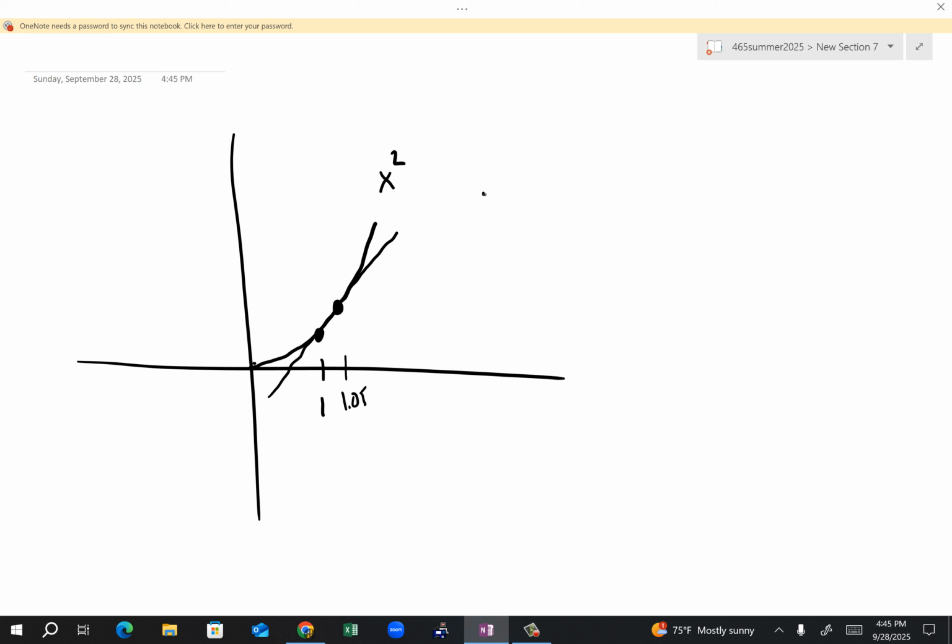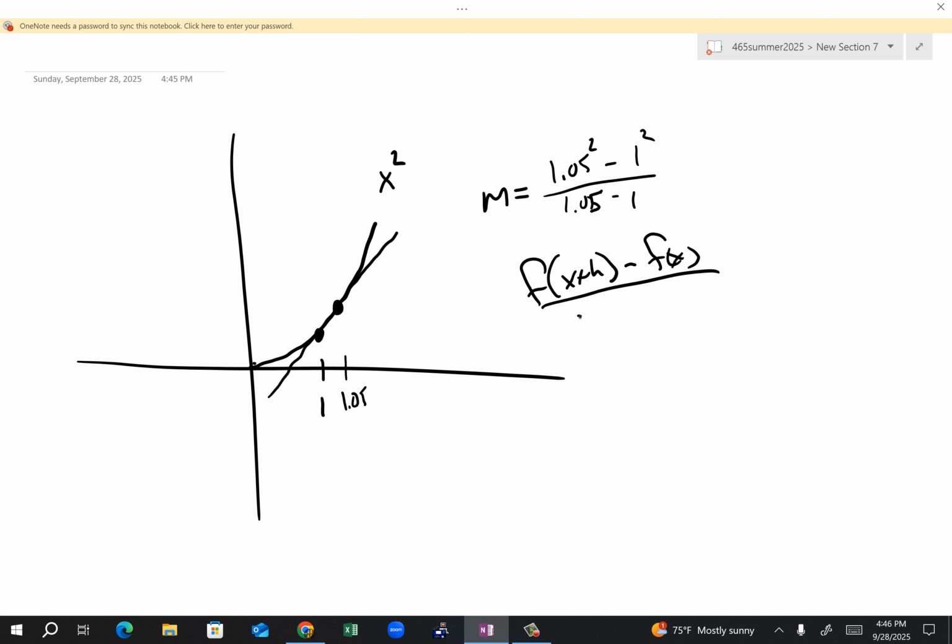But I could find the slope, which is equal to 1.05 squared minus 1 squared over 1.05 minus 1. Right? That's true. Remember, that is f of x plus h minus f of x over x plus h minus x, h being the distance between them, which in our case is 0.05.